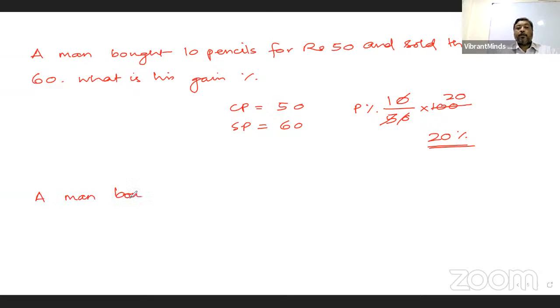A man bought 5 apples for rupees 4 and sold 4 apples for rupees 5. Sure, I will go ahead with the formula.